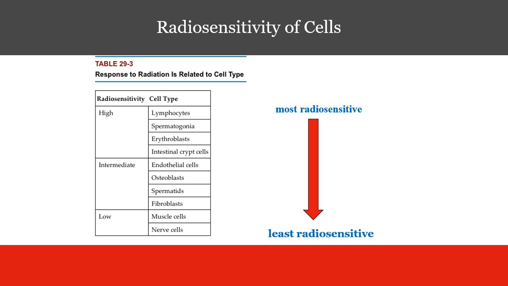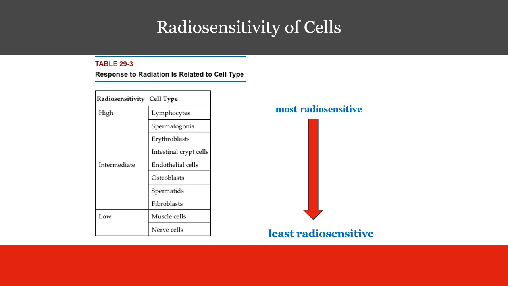Spermatids are the sperm cells right before they become spermatozoa, but they don't have the flagellum yet. They're still forming. They're still working in that production process. So it's the stage right before they are spermatozoa. Fibroblasts, they're embryonic fibrous cells.